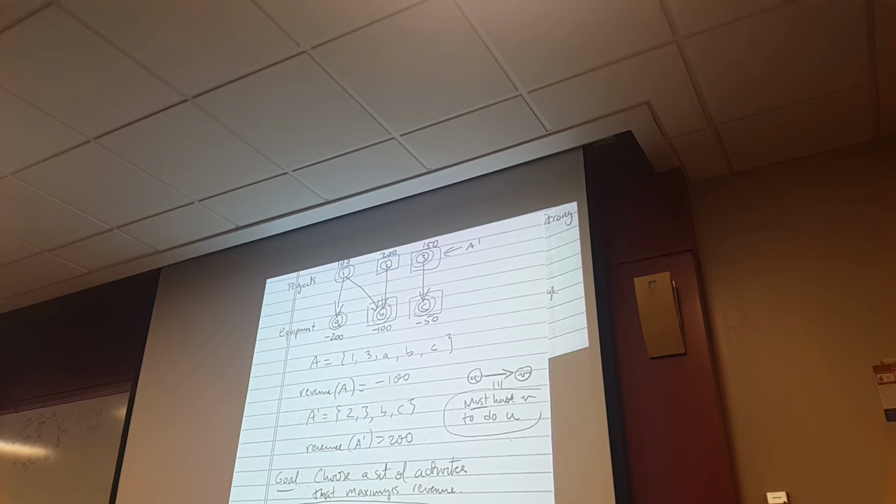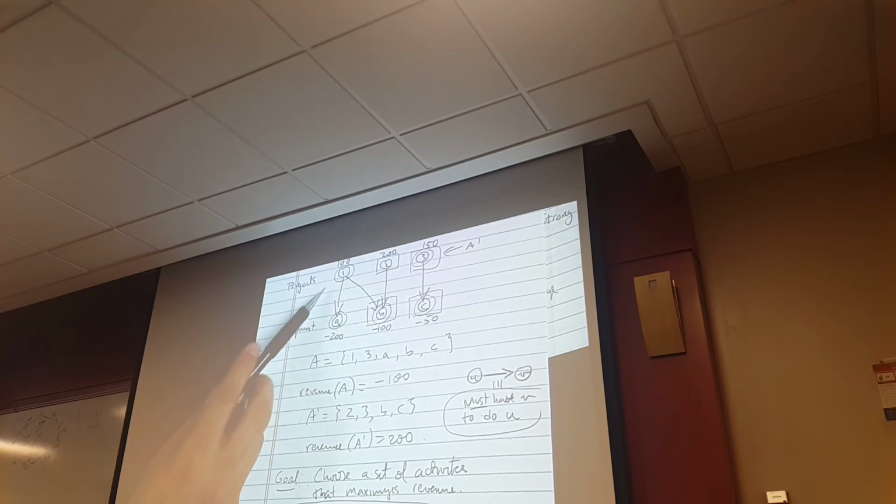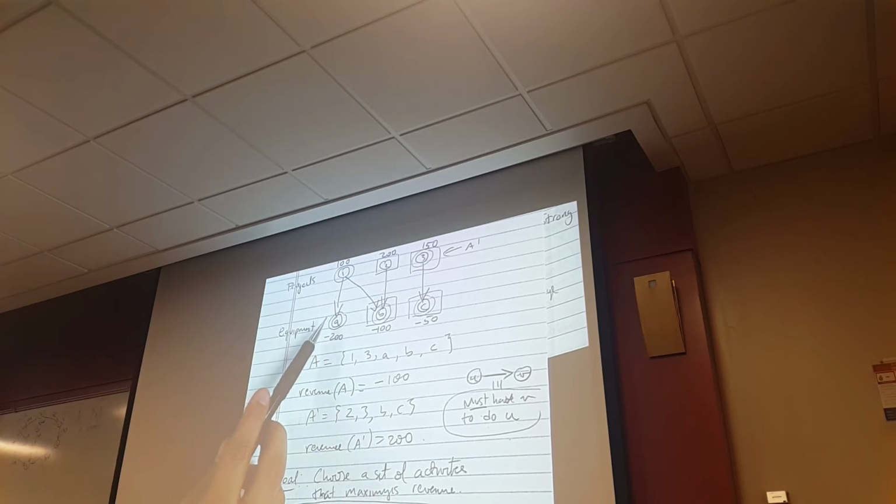This number here is the revenue for this activity B. So for instance, P of 1 would be 100, P of A would be negative 200.